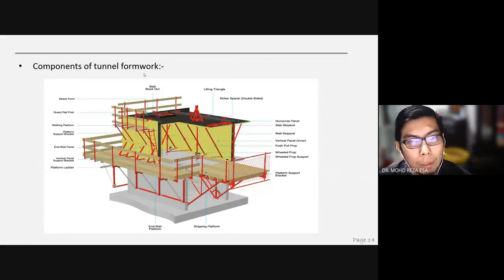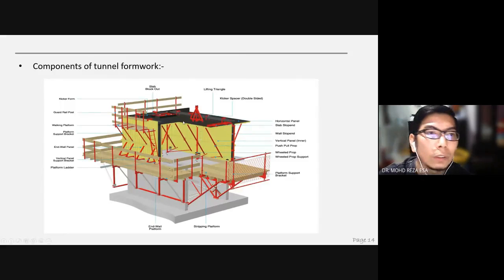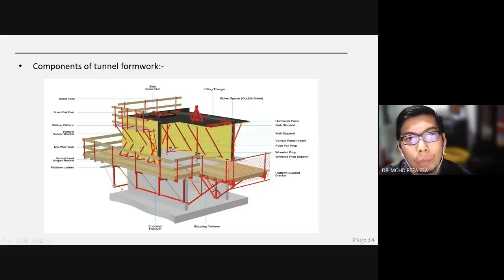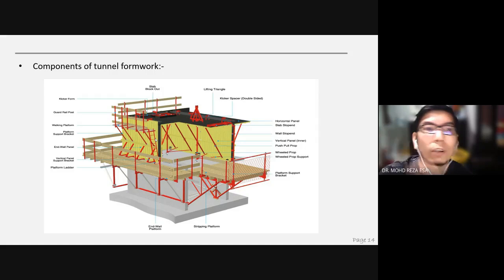So here are some of the components of tunnel formwork. More or less dia lebih kurang sama macam wall formwork tadi. Of course, we need propping, kita kena ada tie rod dan sebagainya. Benda-benda tu still the same.